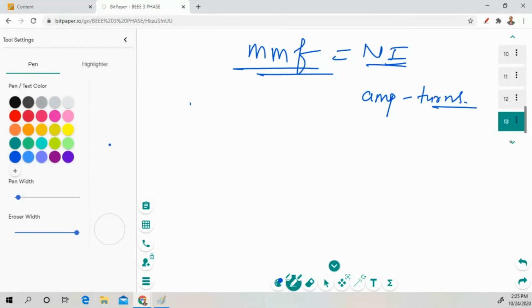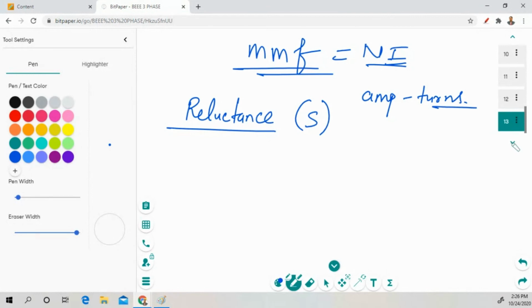Now next is reluctance. How can you represent reluctance? Reluctance can be represented by S. So what is reluctance? The opposition offered to the magnetic flux by a magnetic circuit. When you use resistance, resistance offers opposition to the current.